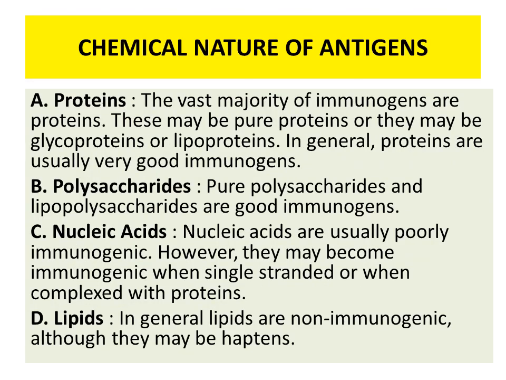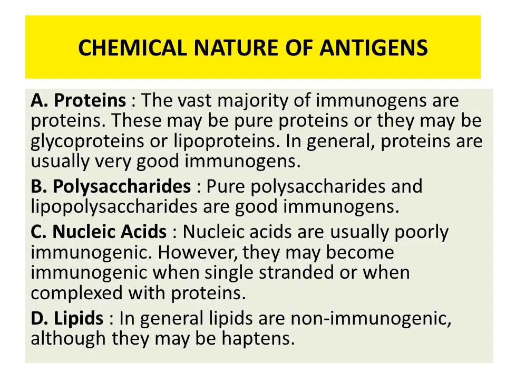Then the chemical nature of the antigen. As I've told you, the antigens are basically proteins. So we can say that maximum are proteins, pure proteins or glycoproteins or lipoproteins. They are very good immunogens. Second is polysaccharides. Pure polysaccharides and lipopolysaccharides are good immunogens.